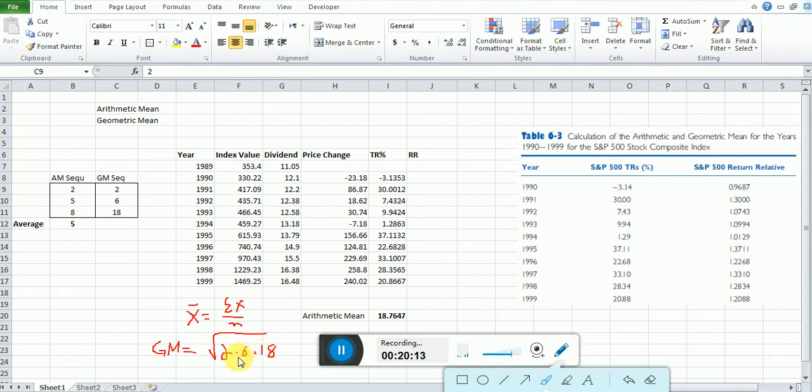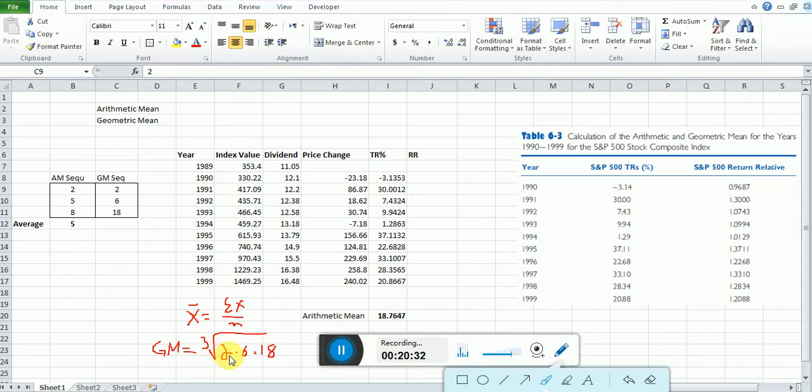Look, we have taken the product of all these 3 values and then take the root. So how much root? If there are 2 values, then you have to take the square root, but we have 3 values, so here you have to take the cube root.